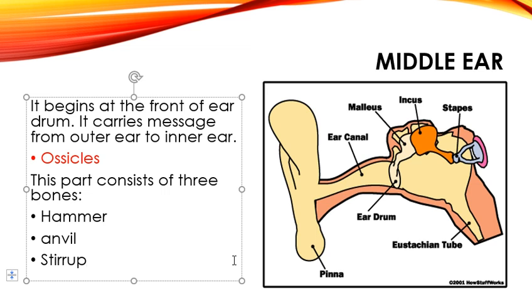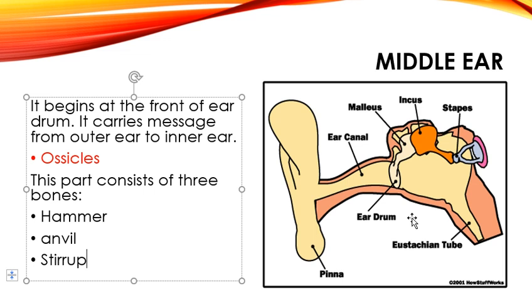The first of these three is the hammer bone, which is connected to the eardrum at one end and to the anvil bone at the other end. The upper end of the anvil bone is attached to the hammer bone and the lower end is attached to the stirrup.